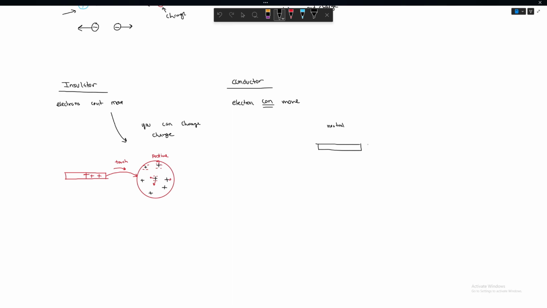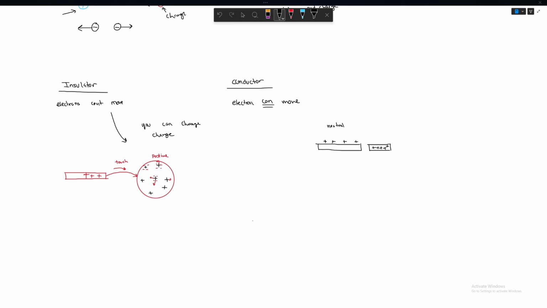Now when I touch it, let's say I brought this, it has squished pluses all around. When I touch it, these will actually move to the outside. That's where charges are stored. And the reason being, like we said earlier, in an insulator, electrons can't really move.